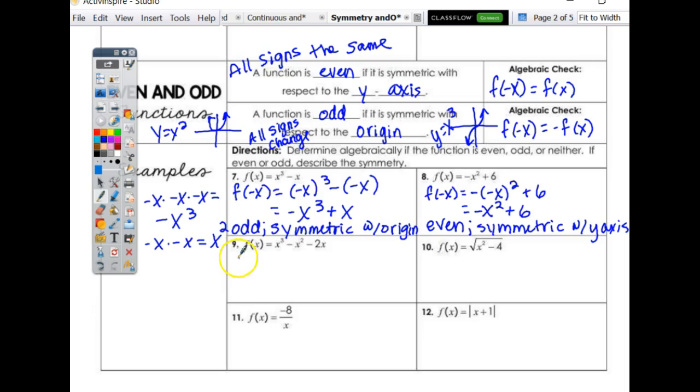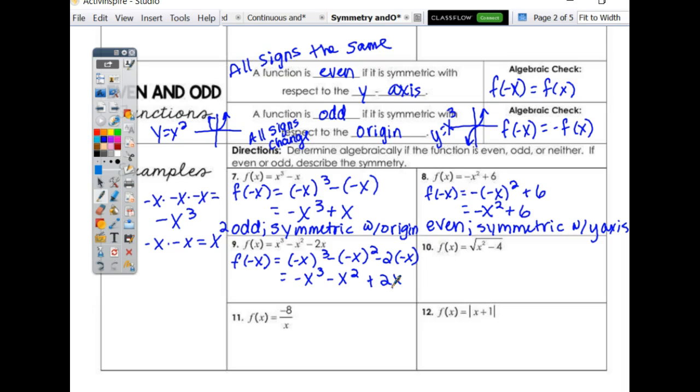So number 9. So what did we decide negative x to the third power was? Okay, so we said this then is negative x to the third. Negative x squared becomes positive x squared. And then a negative times a negative is a positive. So now look.